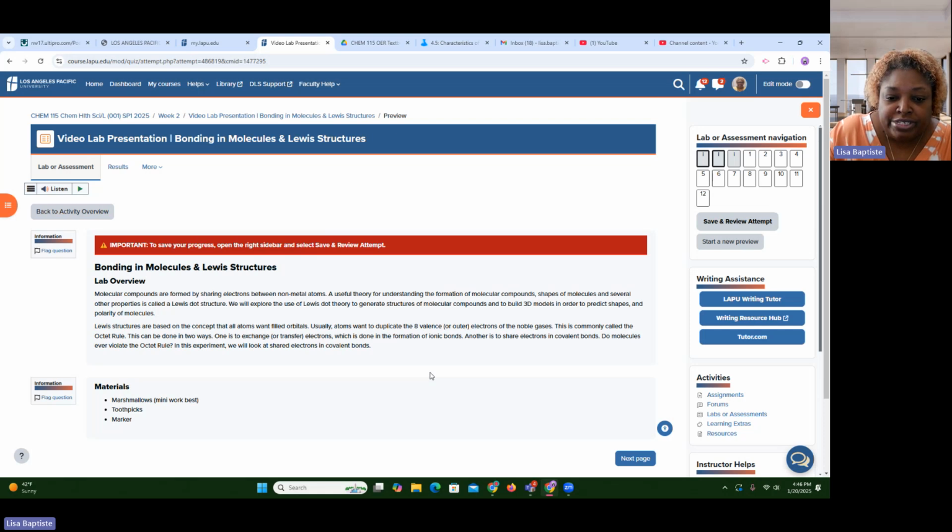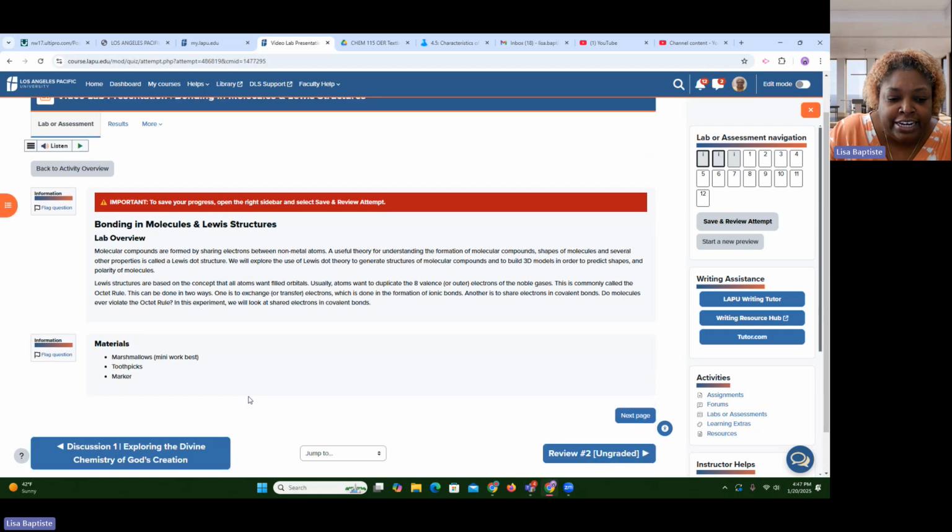We will explore the use of Lewis dot theory to generate structures of molecular compounds and to build 3D models in order to predict shapes and polarity of molecules. What you'll need for this particular lab are some marshmallows, the mini ones work better, and then some toothpicks and a marker.